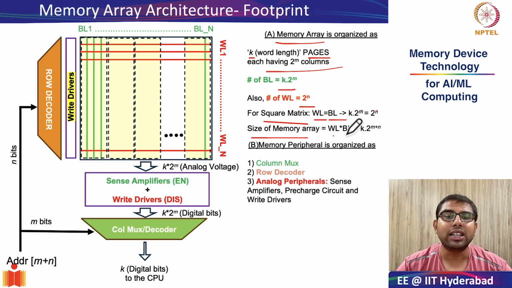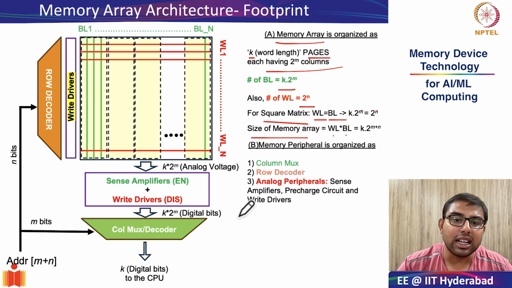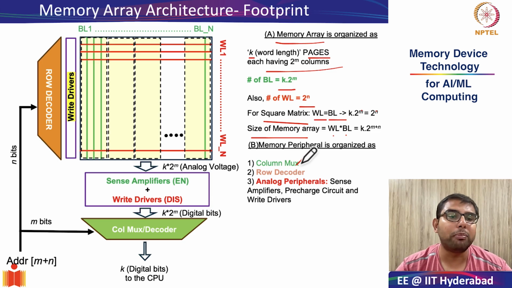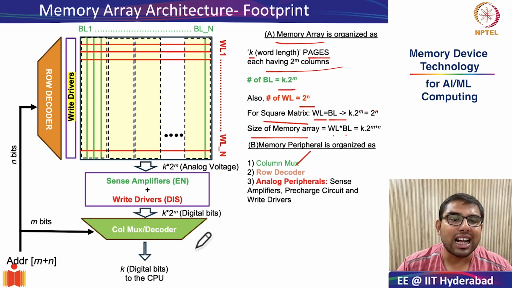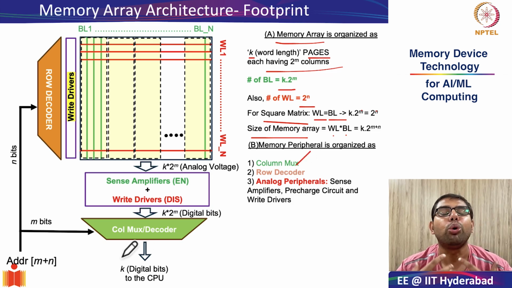Next, we looked at two important components of the memory peripheral, which help us, as I said, in reading and writing data into this memory array very effectively. It consisted of your column mux. The job of the column mux was to receive all these K times 2 to the power of M bit lines and convert them into just K bits.